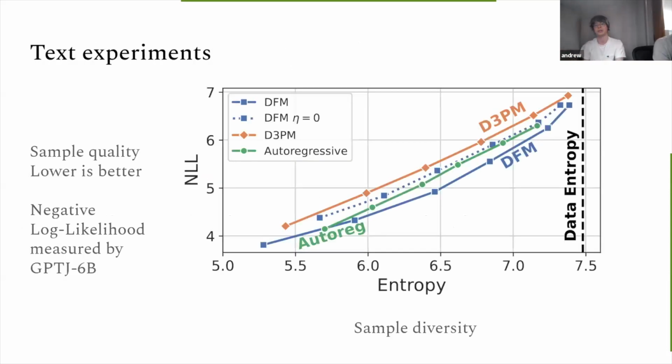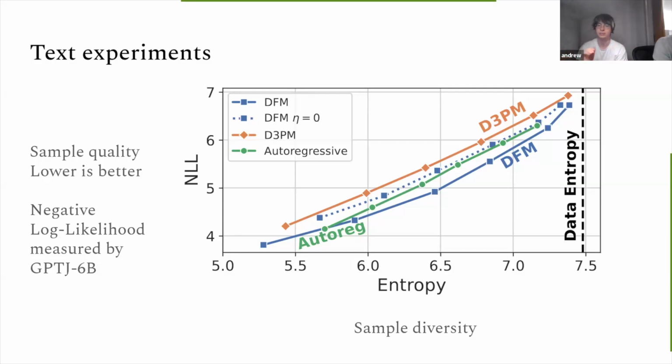And then we actually show in some text experiments that having non-zero stochasticity in your dynamics is beneficial. So in this experiment, we did unconditional text modeling. So just learning on chunks of text and then generating some sentences unconditionally. And then to measure the quality of those sentences, we take a large language model and look at the negative log likelihood that that large language model assigns to our sentences.